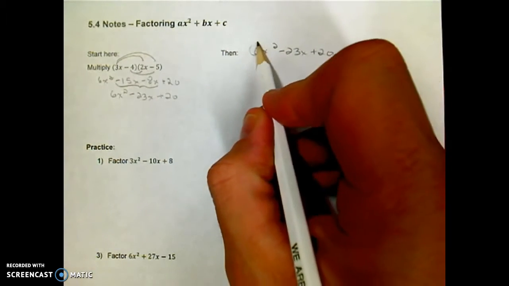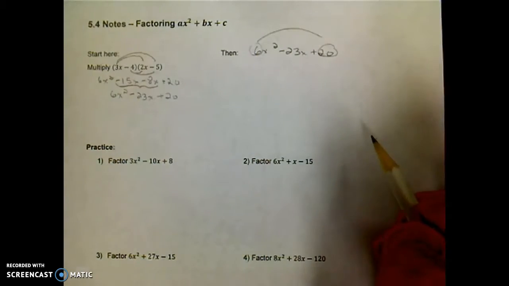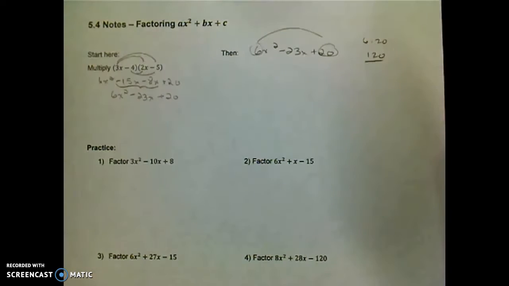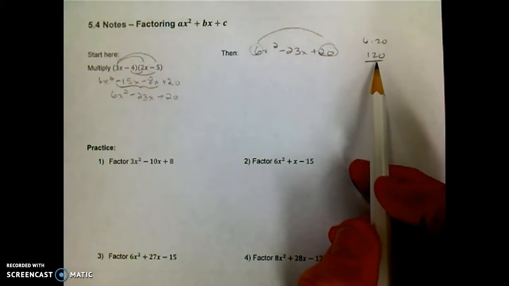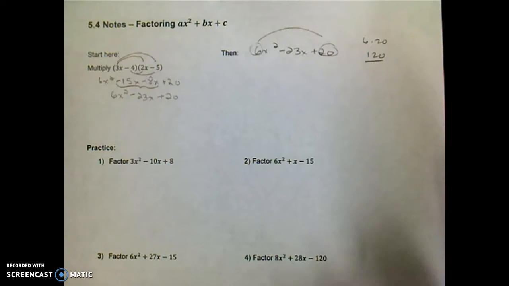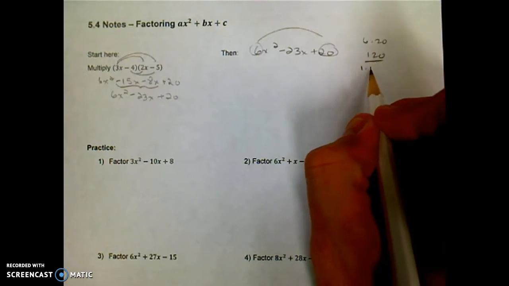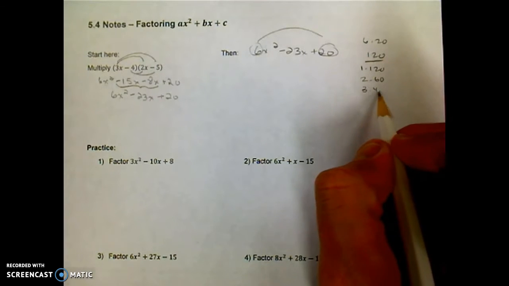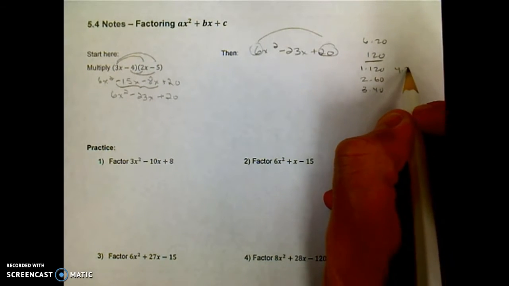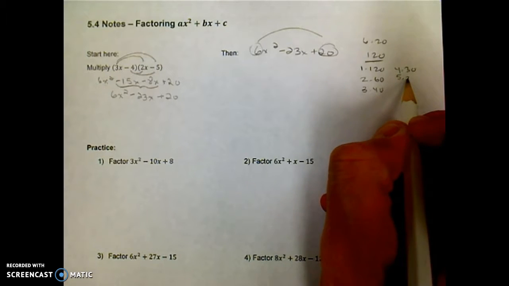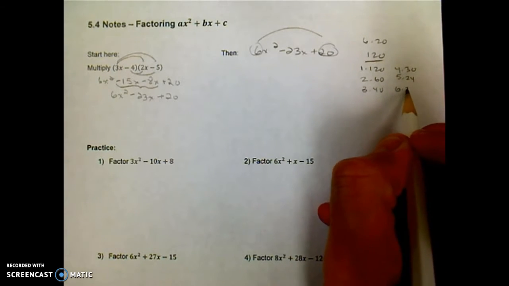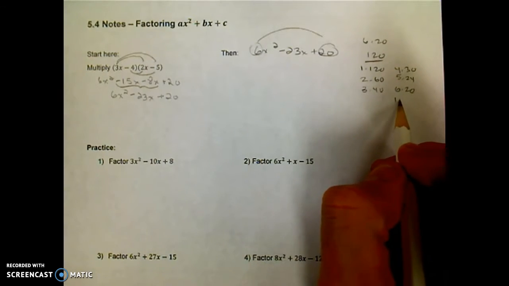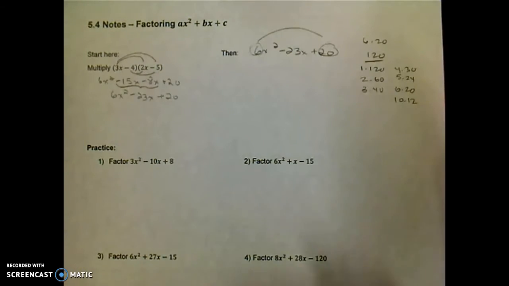We're going to take that leading coefficient, the 6, and multiply times the 20. So 6 times 20 gives 120. Now I'm going to look for two factors of 120 that add up to 23. So I've got 1 and 120, 2 and 60, 3 and 40. We could do 4 and 30, 5 times 24, 6 times 20, 10 times 12.